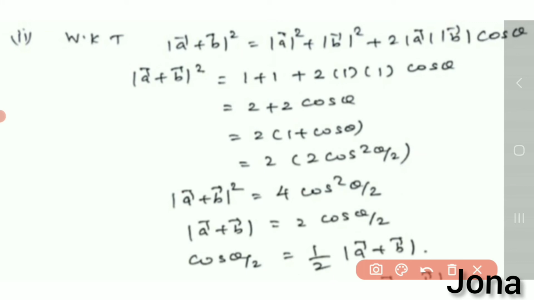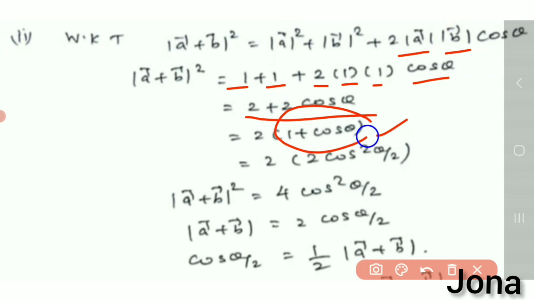Substituting the values, 1 plus 1, and 2 into 1 into 1 into cos theta. Simplifying, we have 2 plus 2 cos theta. Take 2 as common factor: 2 into (1 plus cos theta).